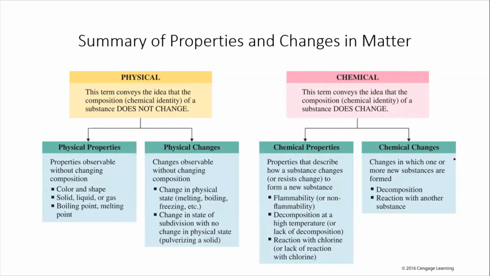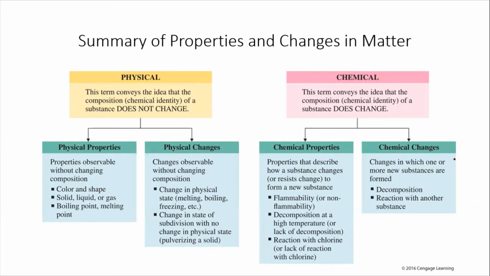So changing physical state, changing the state of subdivision, for example, taking a substance and dividing it into smaller parts, but not changing the actual substance, just breaking it into smaller bits. Those are examples of physical changes.